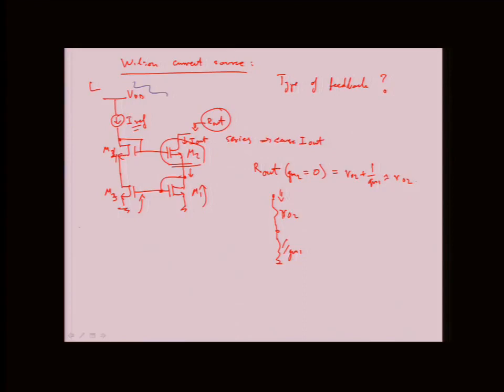Okay, so what is RR or of output open? There's a hard one and there's an easy one, depending on. When the output is open, what happens with current?